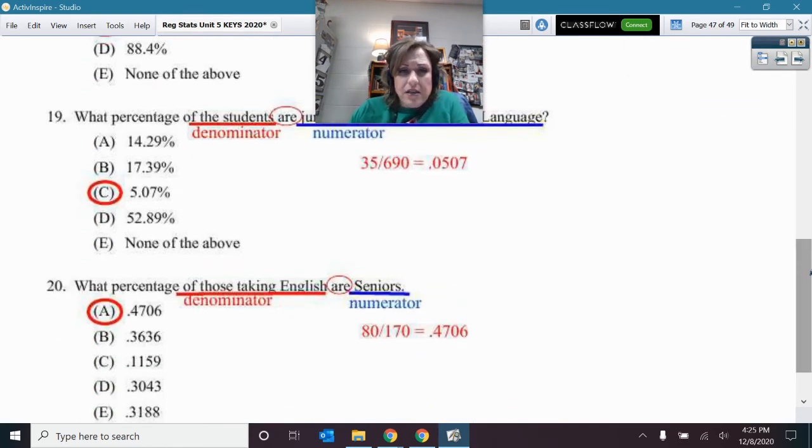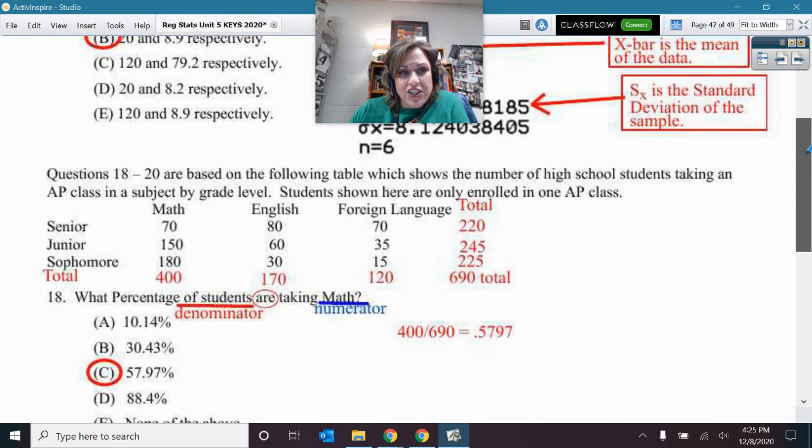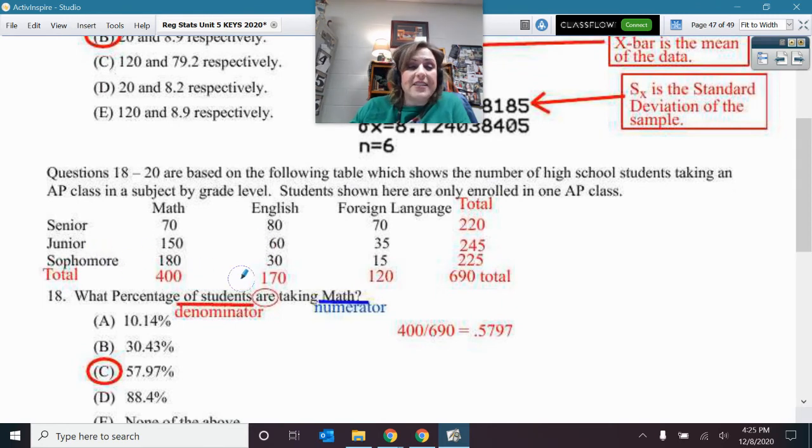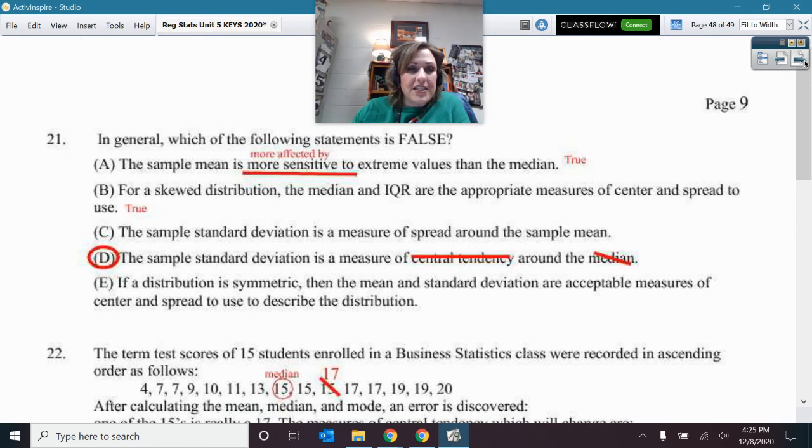Is that right? What happened there? Oh, poo. Sophomores, 30 are sophomores. 80 is seniors. Okay, so that makes more sense. 80 out of 170.